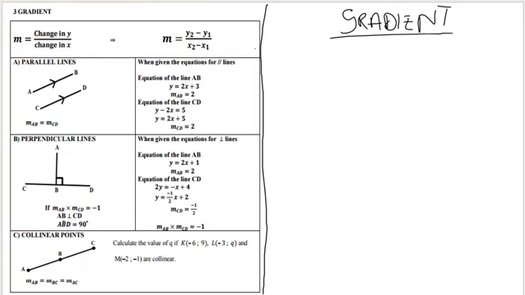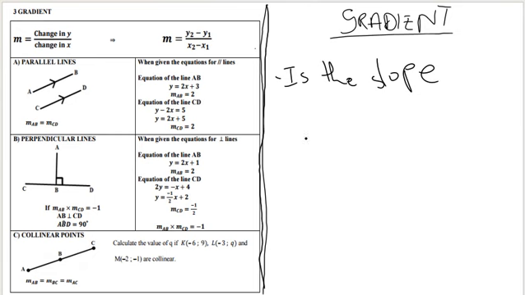A gradient is nothing but the slope. The gradient is the slope of a line.